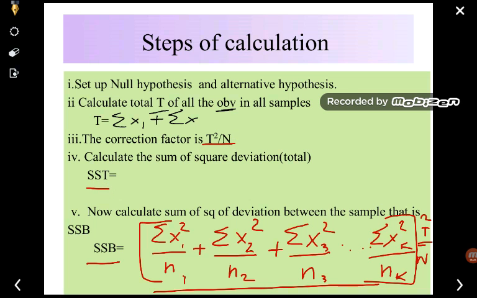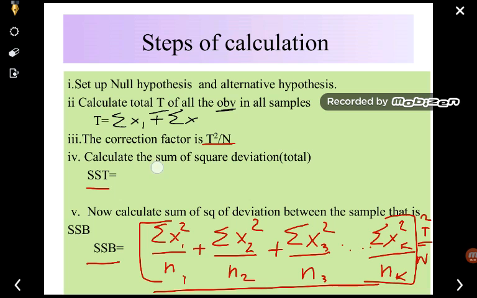What is SST? The sum of square of deviation total, and the fifth step is the sum of square of deviation between the samples.